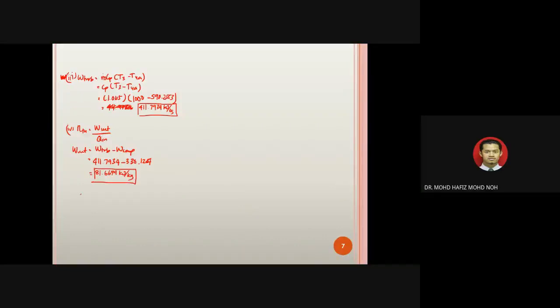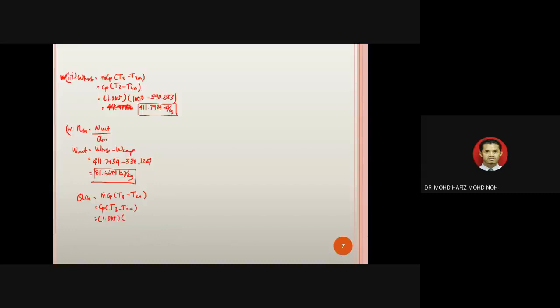And then you have to calculate the value of Q in. So m dot Cp (T3 minus T2 actual). So here it is Cp (T3 minus T2 actual). So apply the values: 1.005.